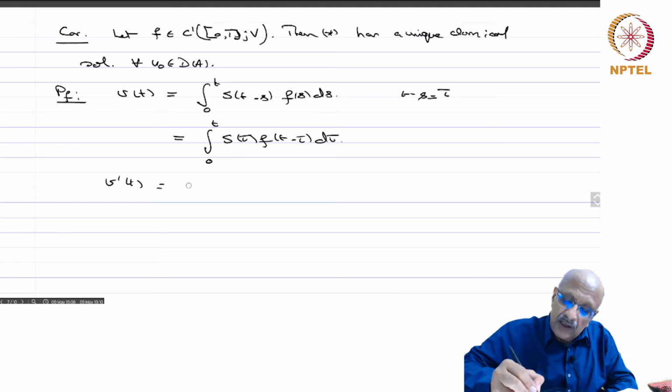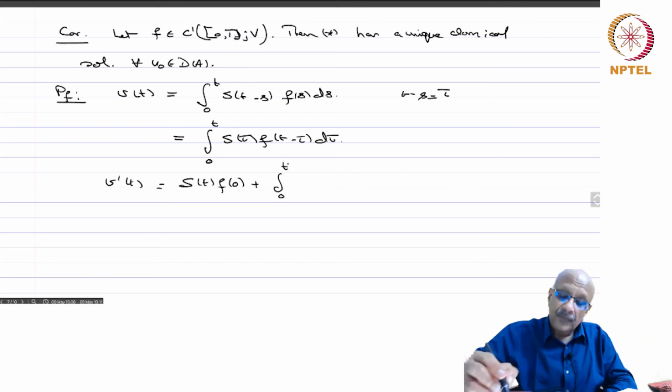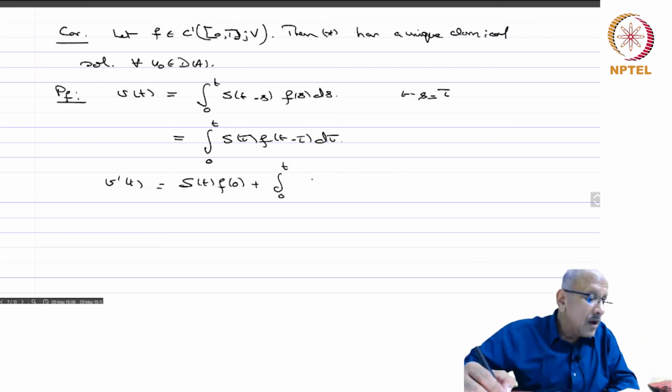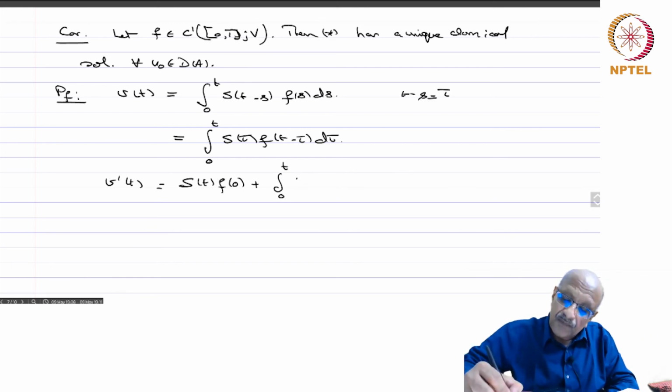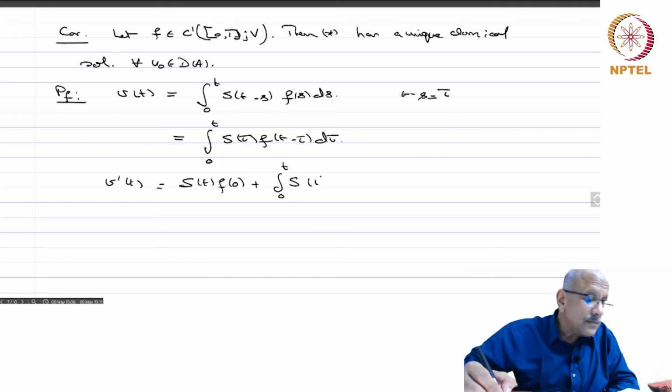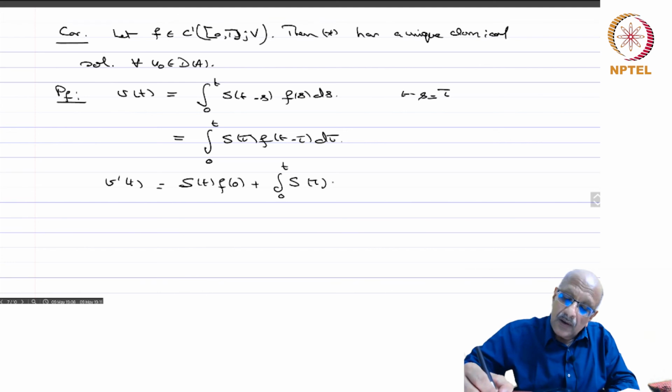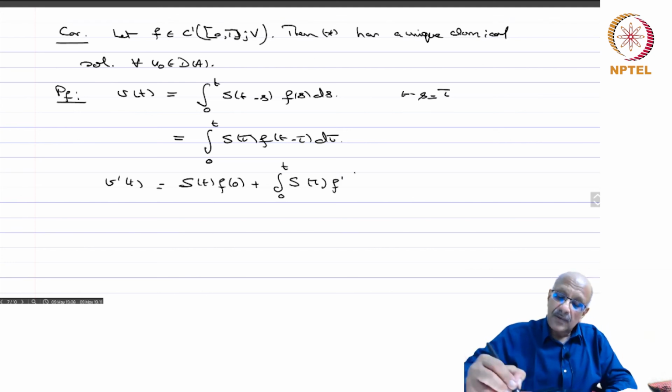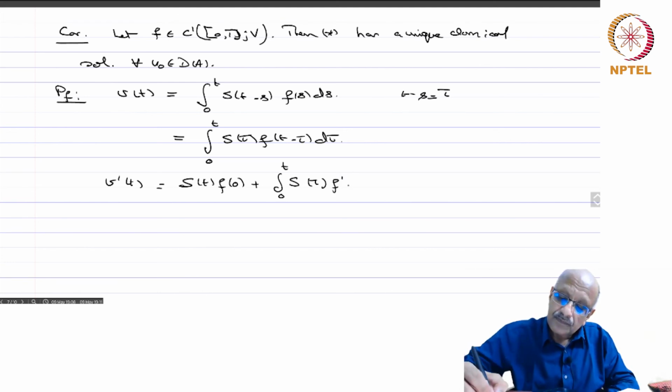So, S(t) f(0) plus the integral 0 to t of S(tau) f'(t minus tau) d tau.